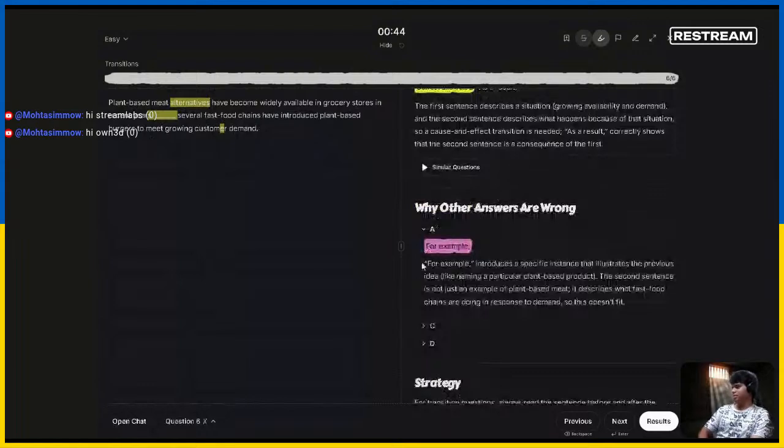I mean, yeah, this is a grocery store, this is a restaurant, so it doesn't make sense with for example, which introduces specific instances that illustrate the previous idea, like naming a particular plant-based product. The second sentence is not just an example of the first.